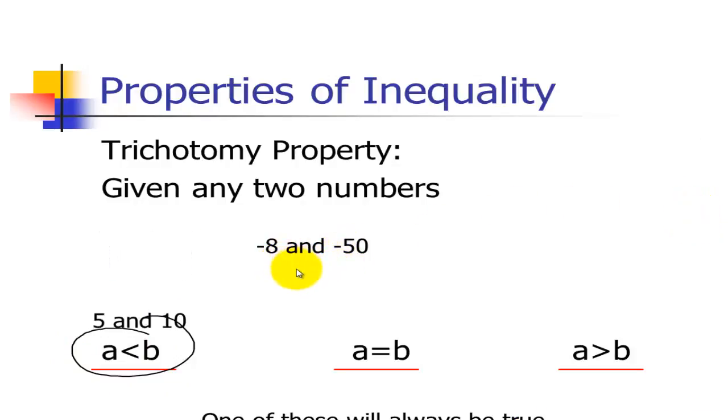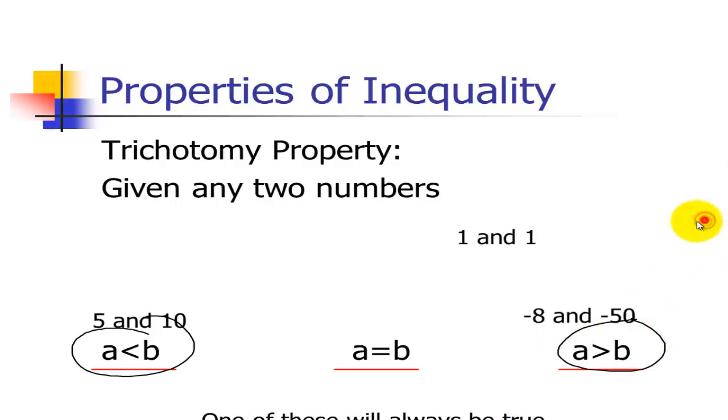If we have negative 8 and negative 50, we know that negative 8 is greater than negative 50, so this will be true. And finally, if we have 1 and 1, we know that 1 is equal to 1, therefore this will be true.